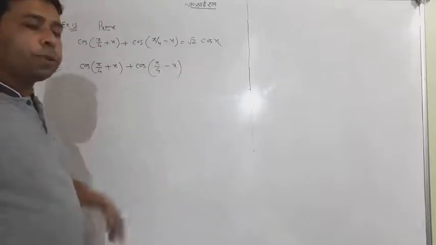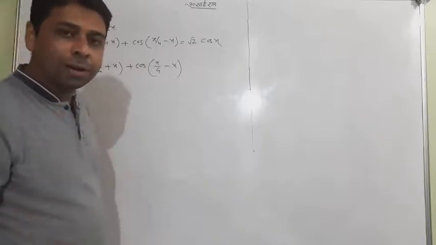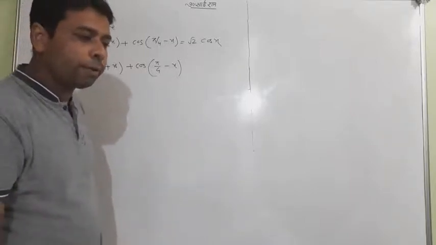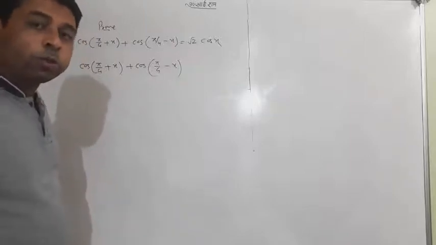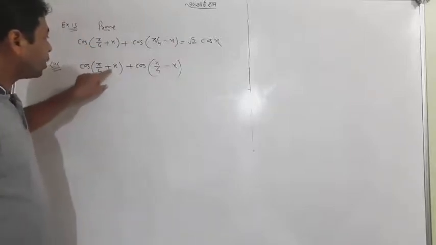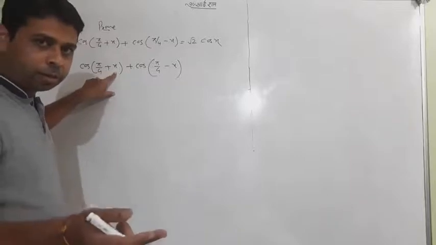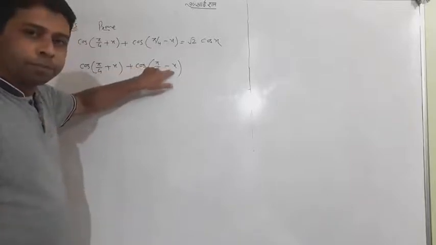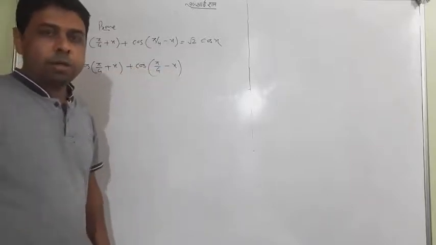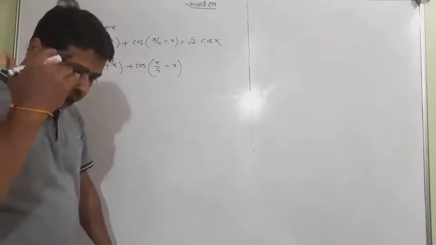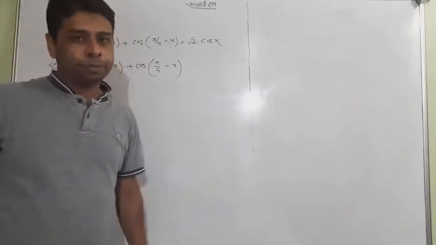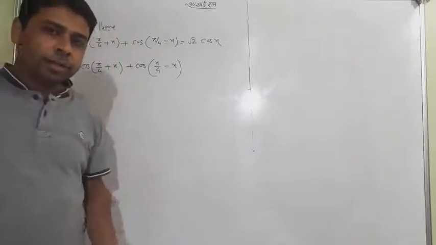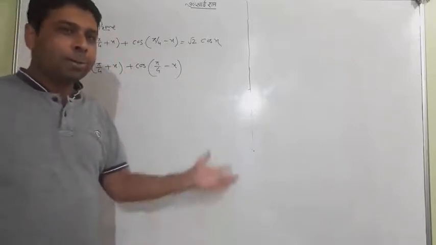You might have lots of ideas coming to mind. You can use cos a plus b and cos a minus b, and you will get the answer, but the steps will be a bit long. Instead of that, I am telling you another method.